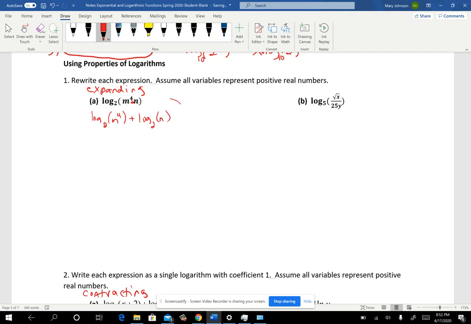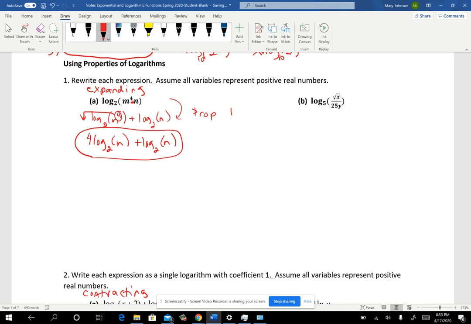That was property 1. Then our next step is to take the exponent and bring it down in front, giving us 4 times the log base 2 of m, and then we have log base 2 of n there. That's considered the final answer, fully expanded as much as you can.